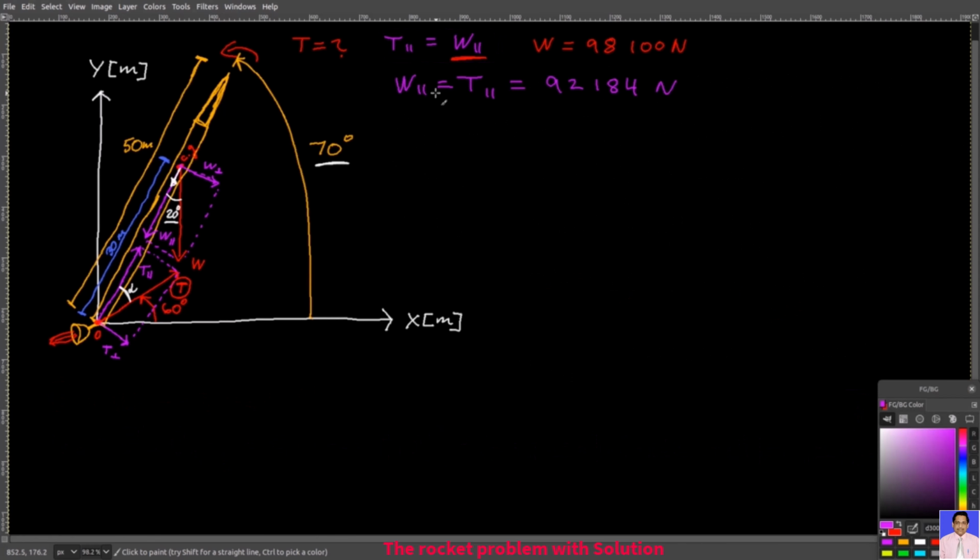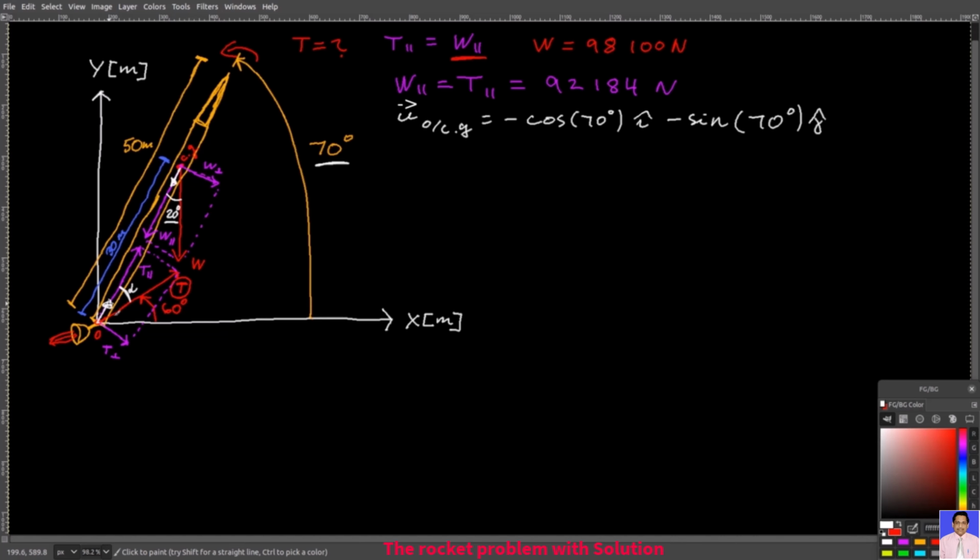So you have your W parallel or T parallel, and then you have your unit vector from CG towards O, but now we need to relate this thrust force with this T parallel. For that, we need a unit vector from O in the direction of CG.